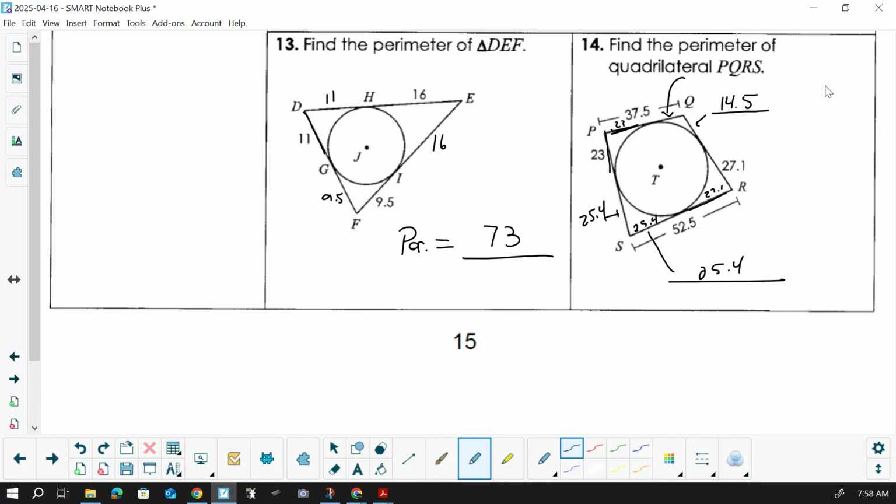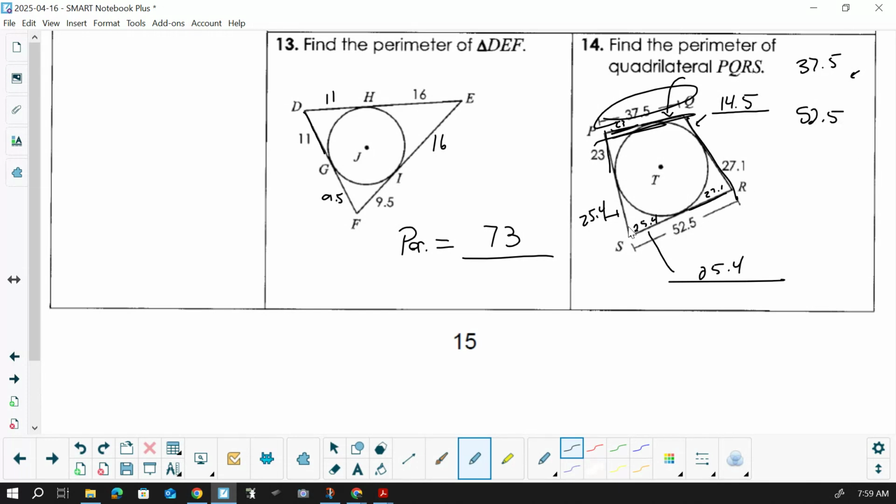Okay, so now that we've got these, 37.5 is this whole side. This whole side would be 27.1 plus 14.5. That's what's going to go right here. Then we're going to do this whole side, which is 52.5.